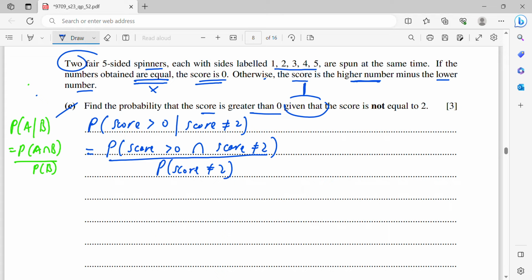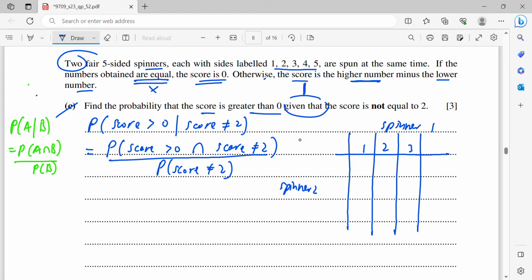Now to solve this question, I will draw a two-way table. This will be spinner 1 and this is spinner 2. So here I have 5 results, and here again 5.